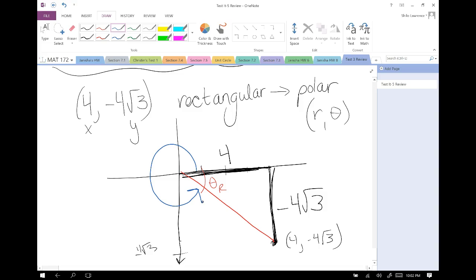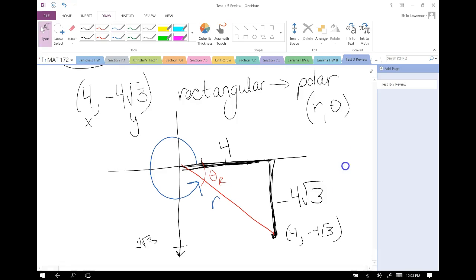So it's going to be a quadrant 4 angle. The R value is the hypotenuse. Everything we do here in chapter 8 keeps going back between the x and the y and the r and the theta. The x and the y are the legs of the right triangle. The r and the theta are the hypotenuse and that angle at the origin.